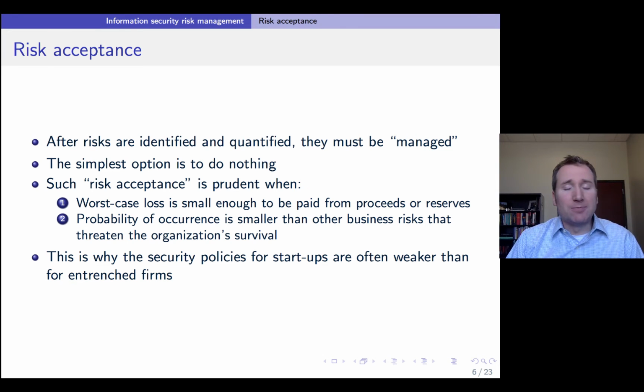So as a result, it's often the case that smaller companies in the early stages will have lax security policies, if they have them at all, compared to more entrenched larger firms where they are sophisticated enough and mature enough that the cybersecurity risk becomes a higher priority relative to other business risks.